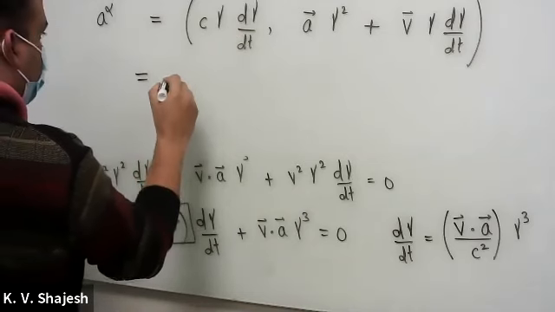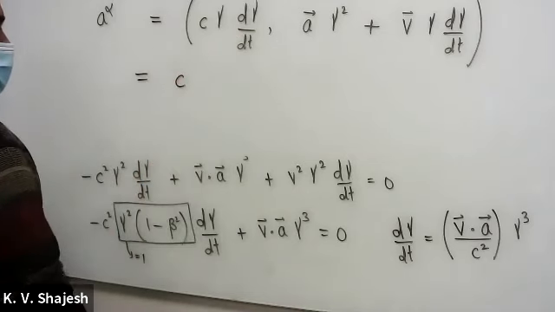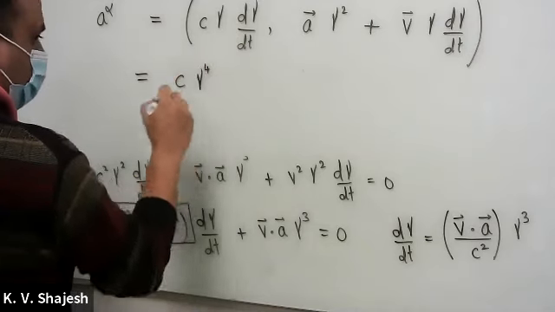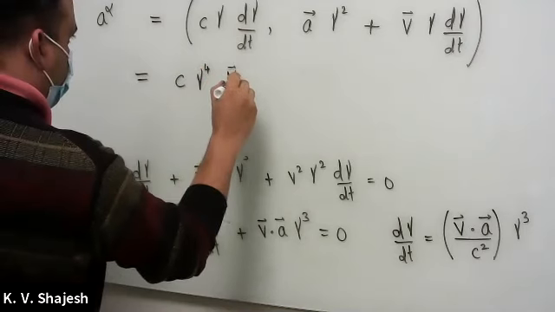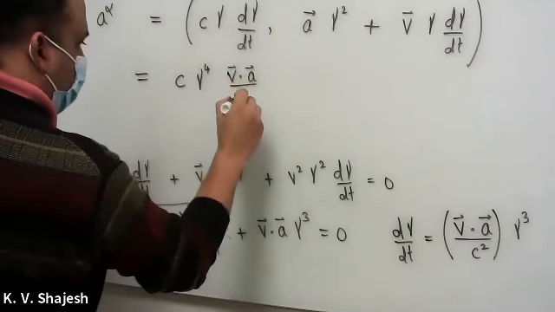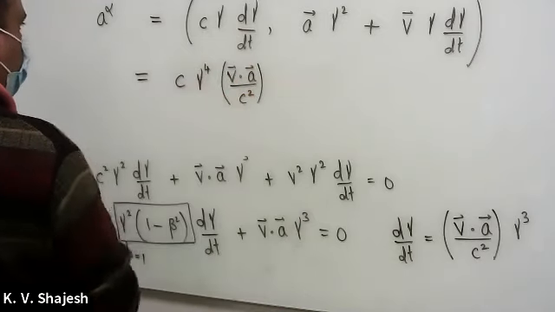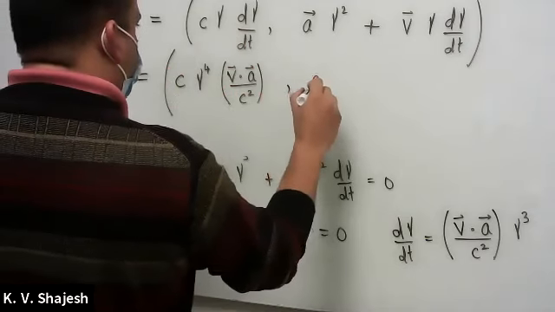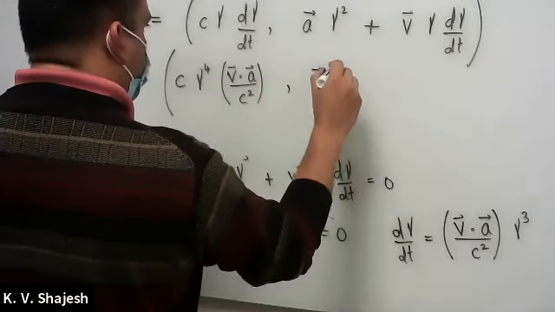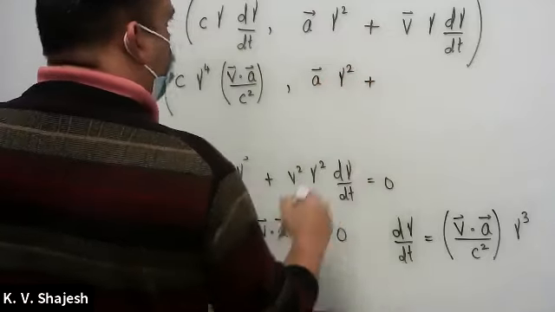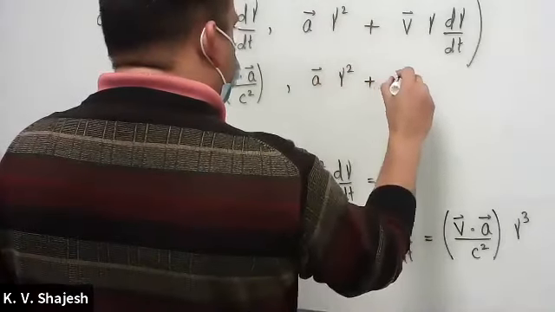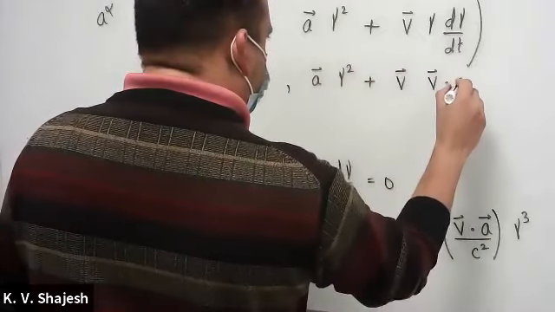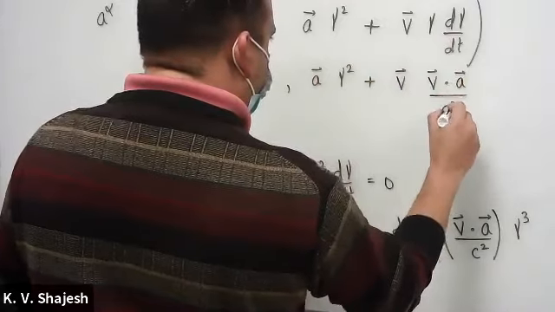So this is c times gamma raised to 4, times v dotted with a over c squared, and we have vector a squared plus velocity times velocity dotted with acceleration over c squared.